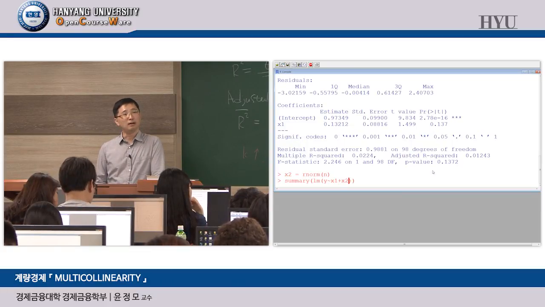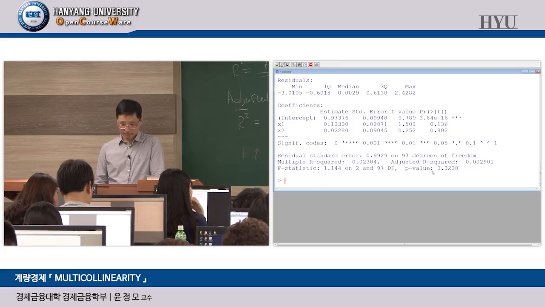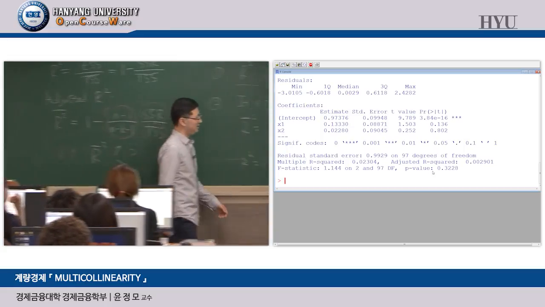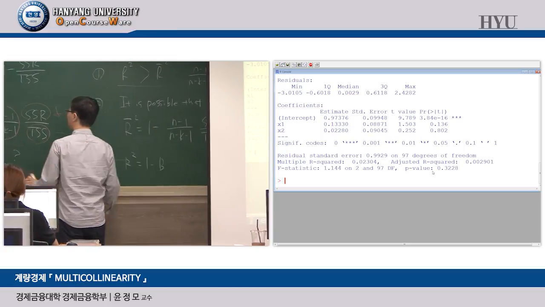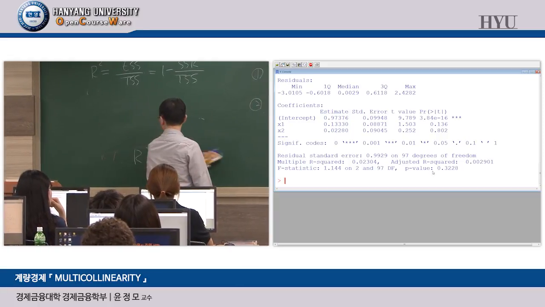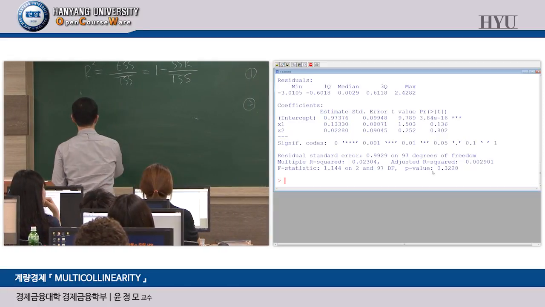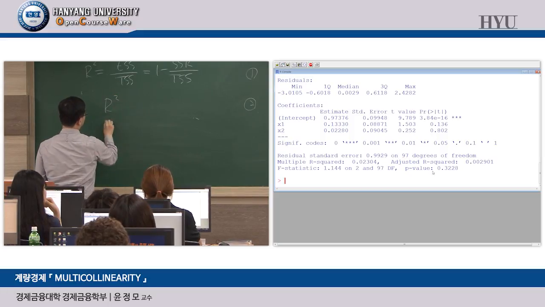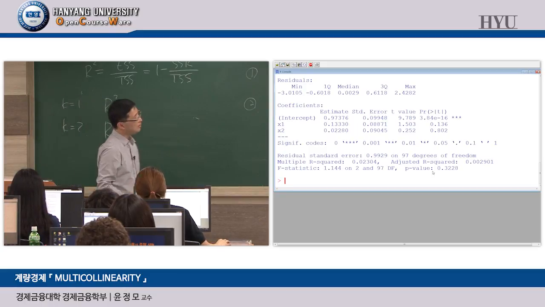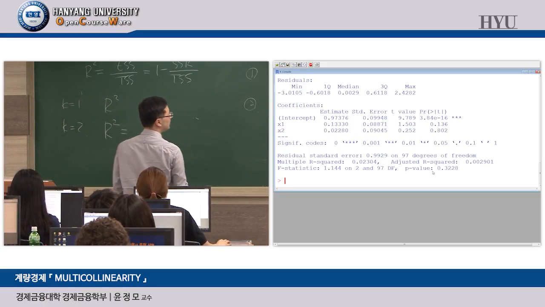And let's examine the R squared. So there's improvement, but not a lot. Okay, so previously, when k is equal to 1, and now k is equal to 2. What is the R squared right now?